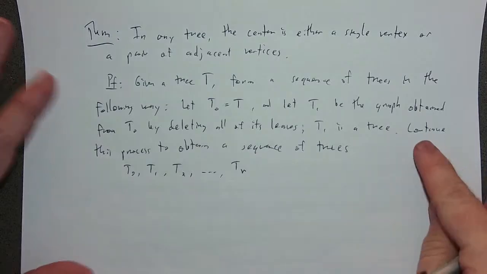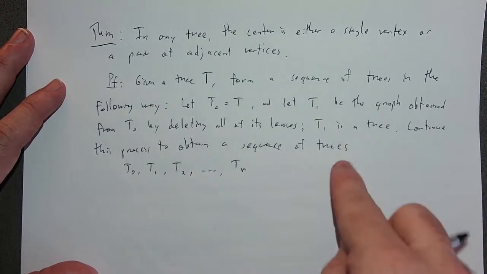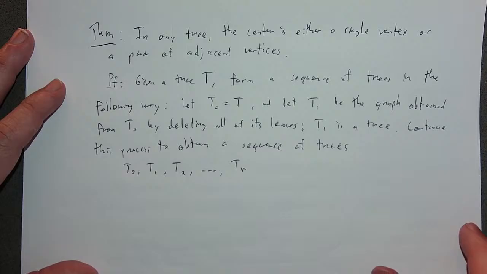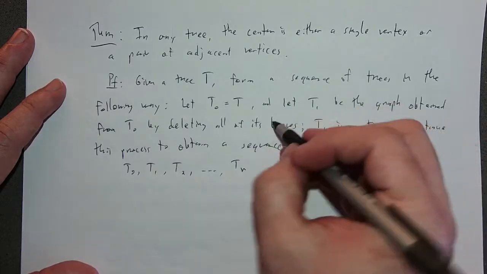So when I say continue this process, what does it mean? It means from the prior tree, you remove all of its degree 1 vertices, all of its leaves.